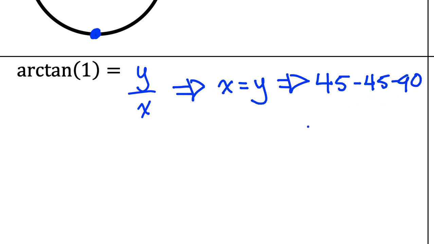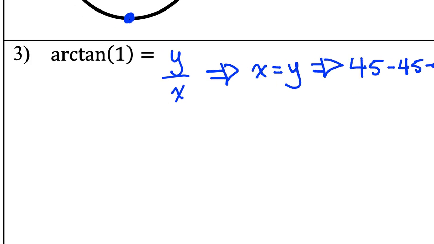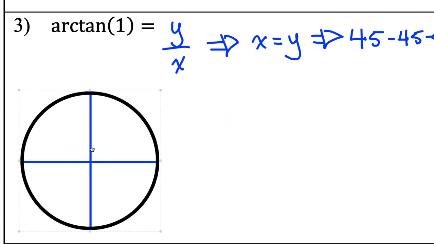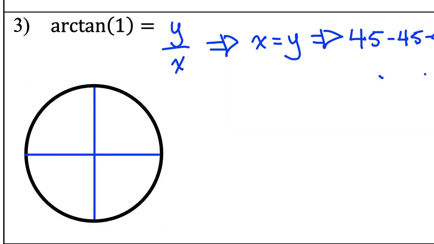Where are my possible 45, 45, 90 triangles? My possible 45, 45, 90 triangles on my unit circle happen at that point, that point, that point, and that point.